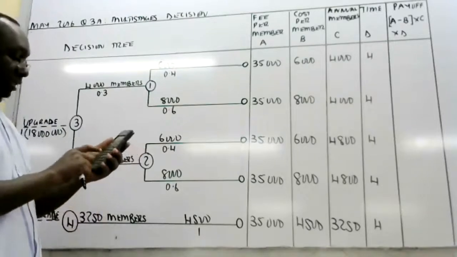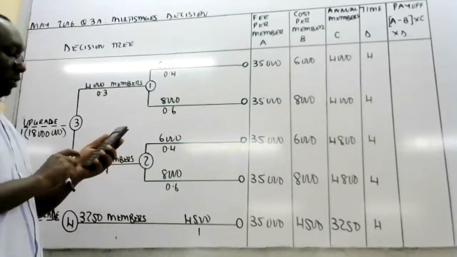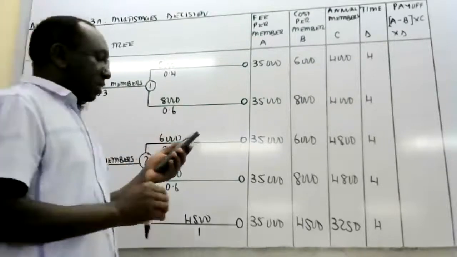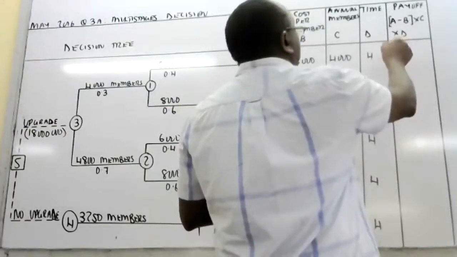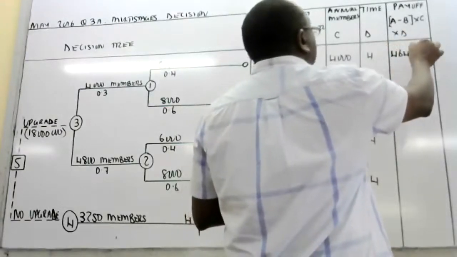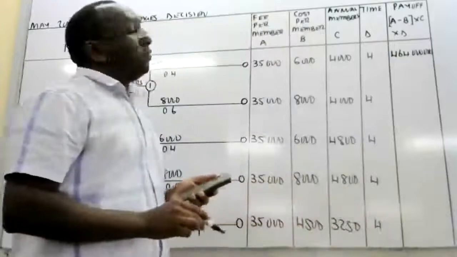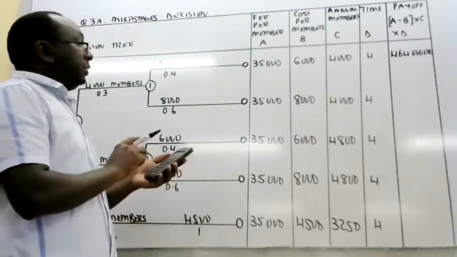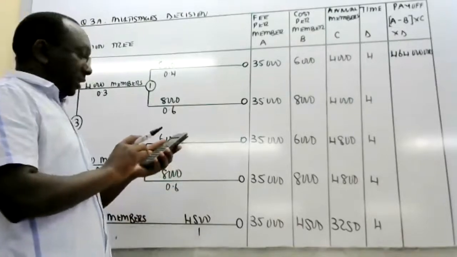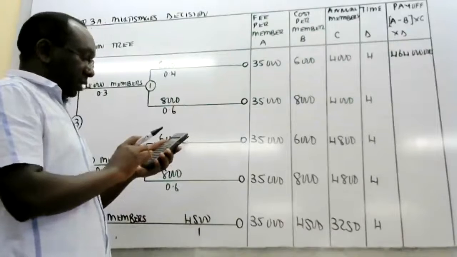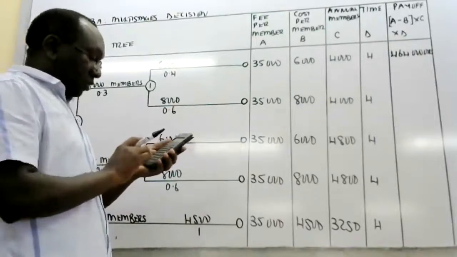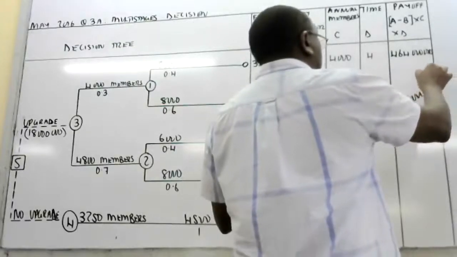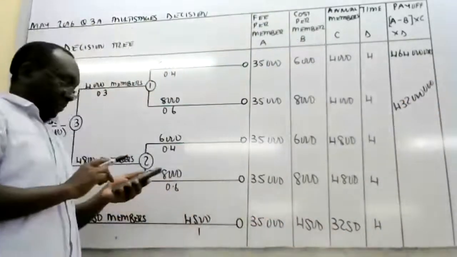So if you take 35,000, you less 6,000. You multiply by 4,000, you multiply by 4 is 464 million. Then 35,000 minus 8,000 times 4,000 times 4 is 432 million.